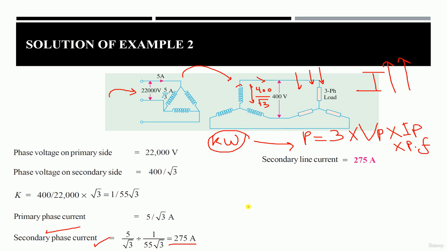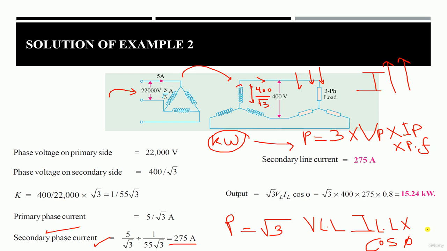So we will have 3 V phase I phase power factor. Or you can do another thing, which is power equal to root 3 V line to line, I line, multiplied by the power factor, also known as cosine phi. We use the second one: root 3 V line to line, I line, cosine phi. So V line is the line-to-line voltage, 400 volt. I line, similar to the phase current, is 275. And cosine phi is the power factor given in the problem, which is 0.8.